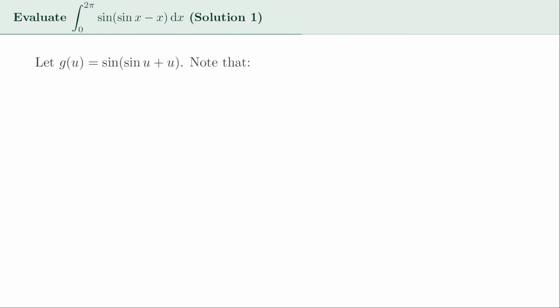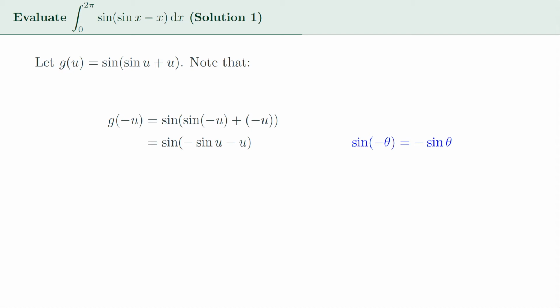So let's check that g of negative u is equal to sine of negative sine u plus negative u. Simplifying that gives sine of negative sine u minus u, using again the property that sine of negative theta is equal to negative sine theta.